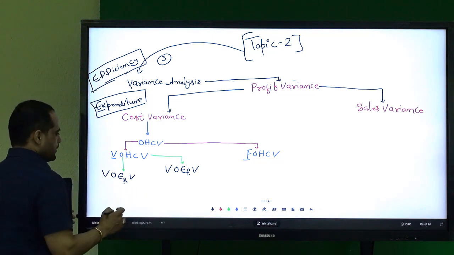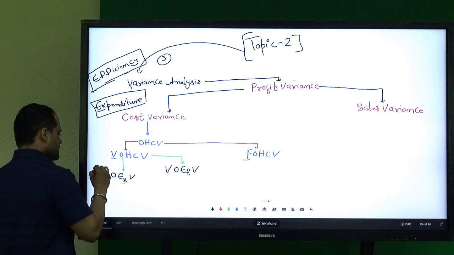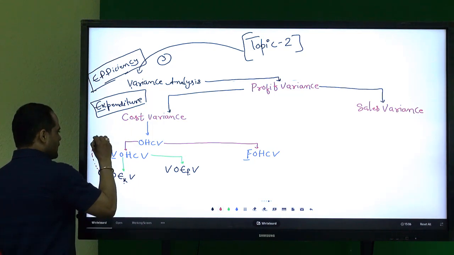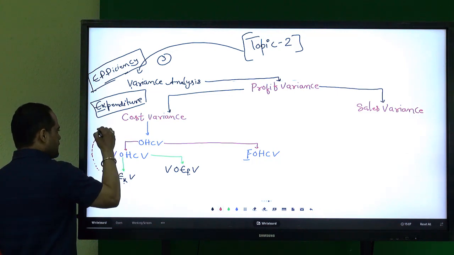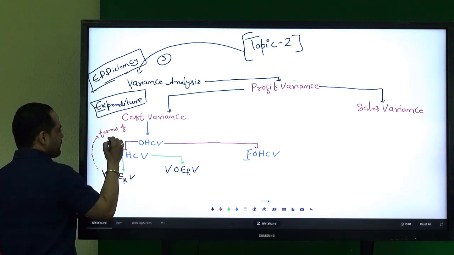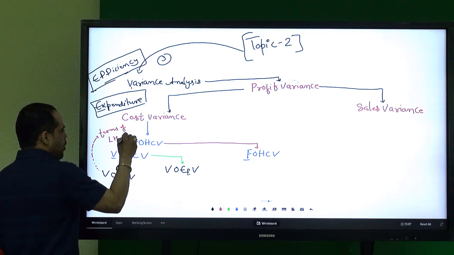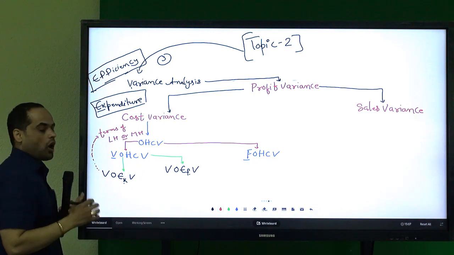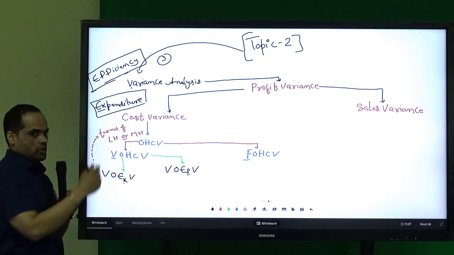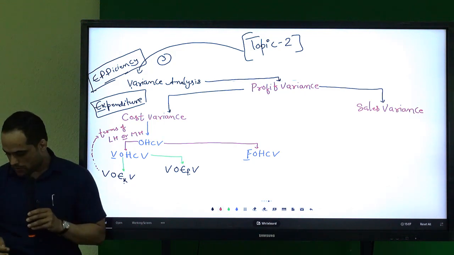I repeat, this variable overhead expenditure variance is estimated in terms of labor hours or machine hours. How many hours labor works or how many hours the machine runs? So labor hours and machine hours.